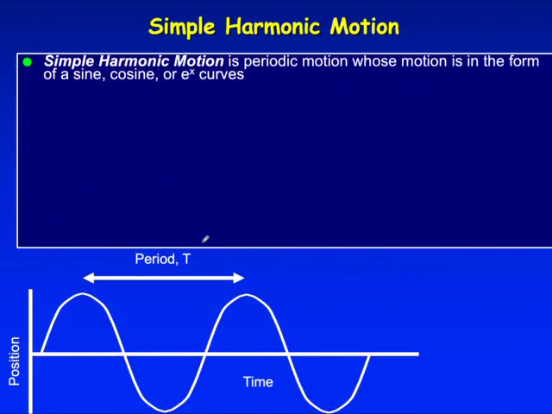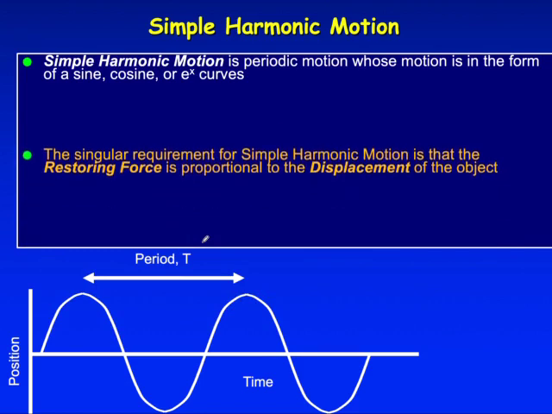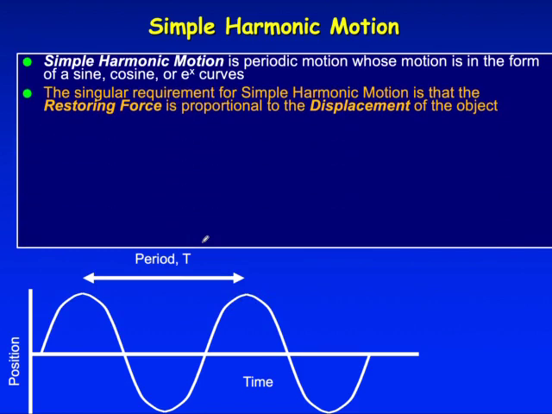Couple definitions. Simple harmonic motion, the one we're talking about, is periodic motion whose motion is in the form of a sine, cosine, or e to the x curve. It turns out almost all of the oscillations we deal with in everyday life fall into one of those categories, or some combination of those. The single requirement for simple harmonic motion is that the restoring force, that's the force that's trying to push it back towards equilibrium, is proportional to the displacement of the object.